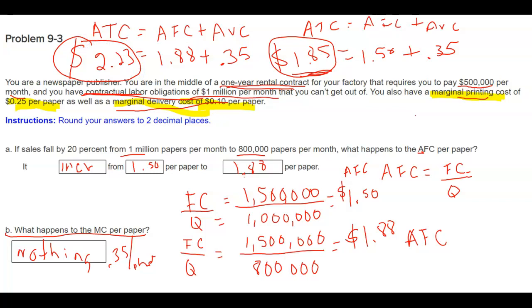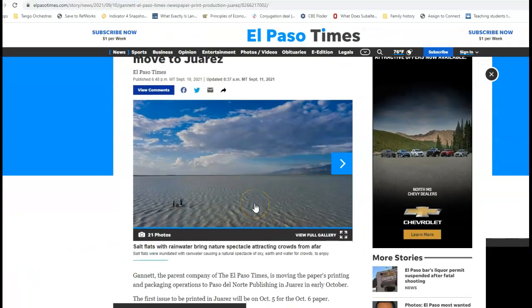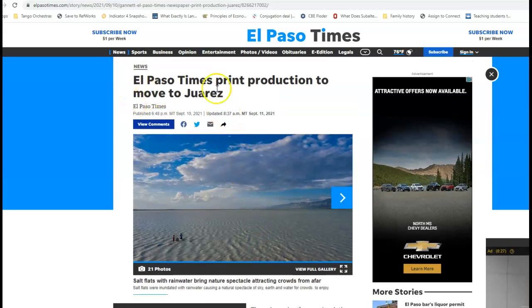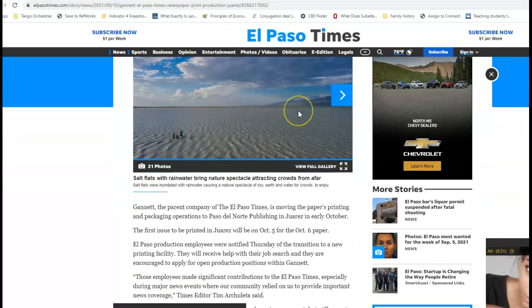This is important because this is actually what many newspapers have had to experience. Many newspapers have had to close down, and you will see here that what has happened is that the El Paso Times, our newspaper, has moved its print production to Juarez.